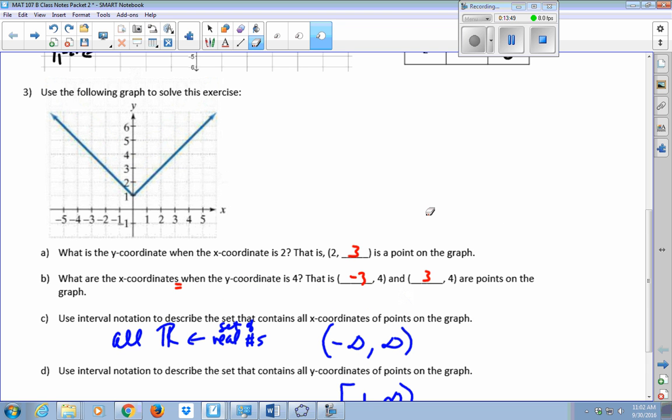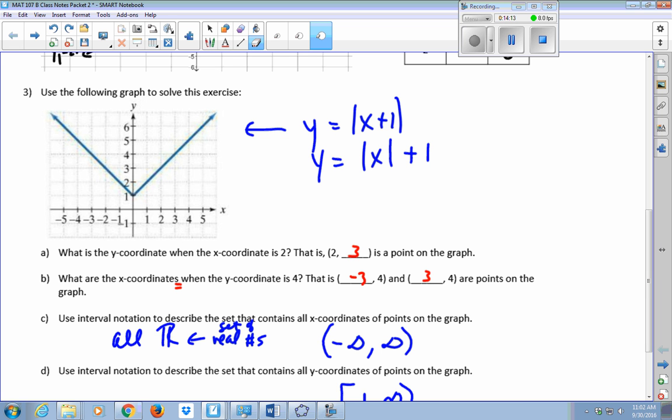So some of you came up with two equations for this. Some of you wrote this, and some of you wrote this. Those of you who wrote this and only checked the positive values of x thought you were right. You said, oh, if I put 2 in for x, I get 2 plus 1 is 3.